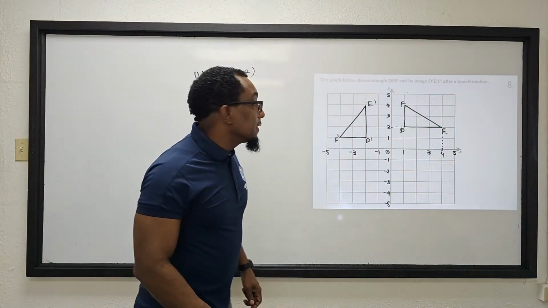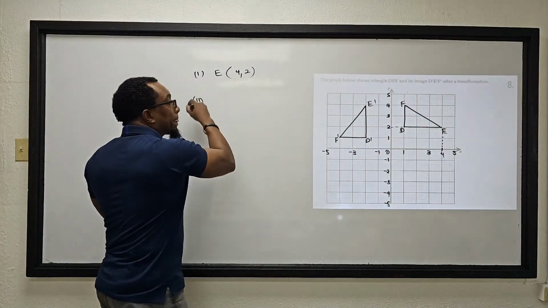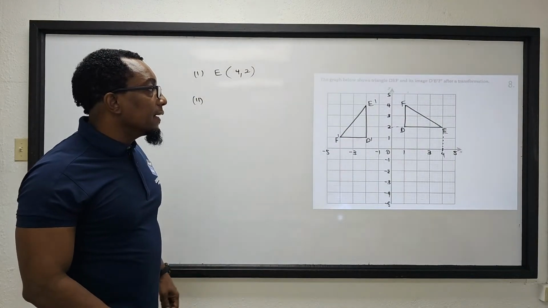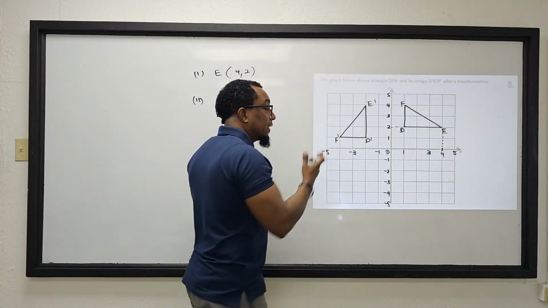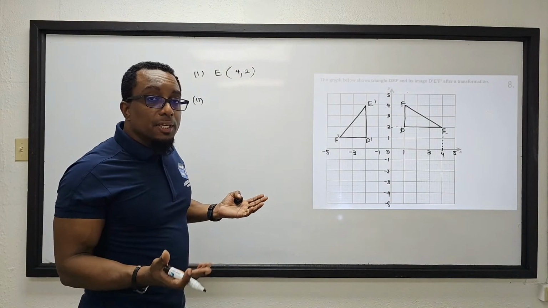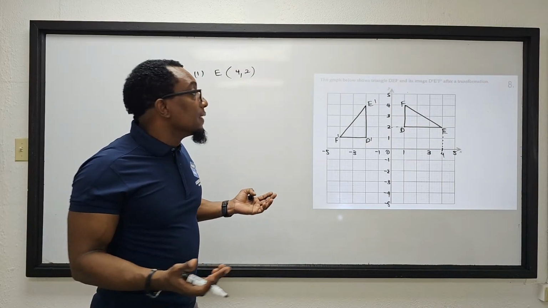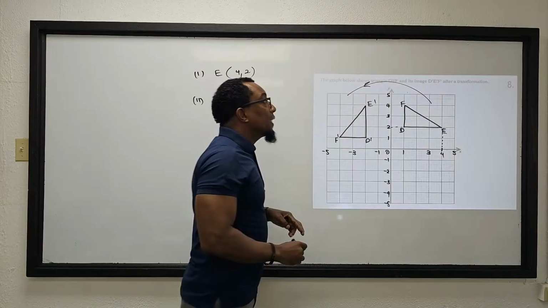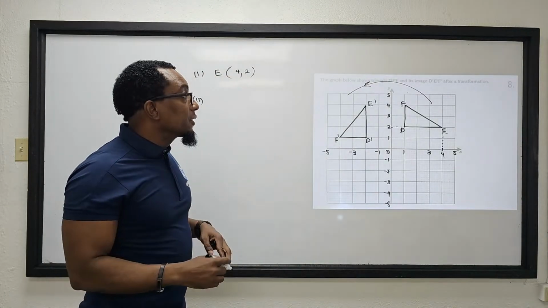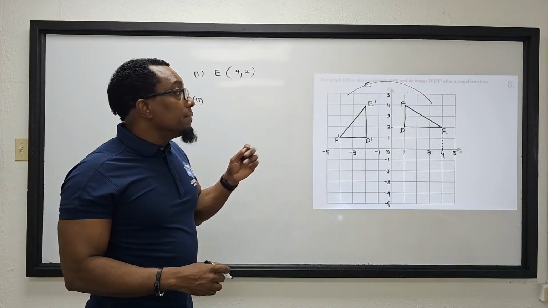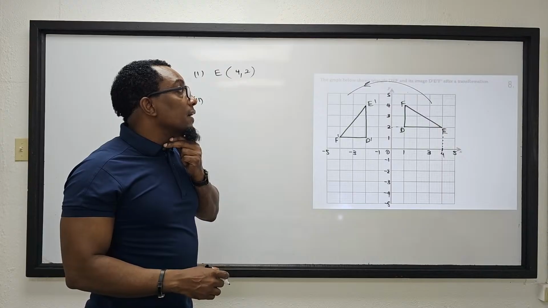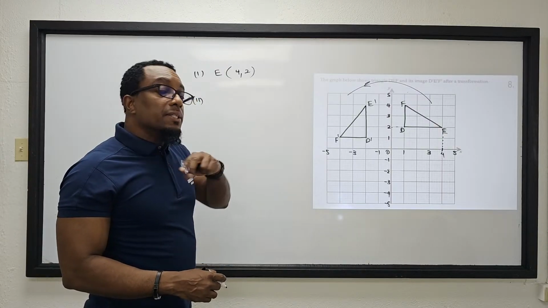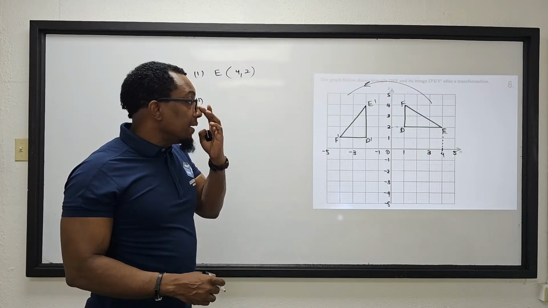What form of transformation is that? It can be reflection, it can be translation, it can be enlargement. This here is a rotation, moving in that direction from DEF to D prime, E prime, F prime. And that is an anti-clockwise rotation moving in that direction.